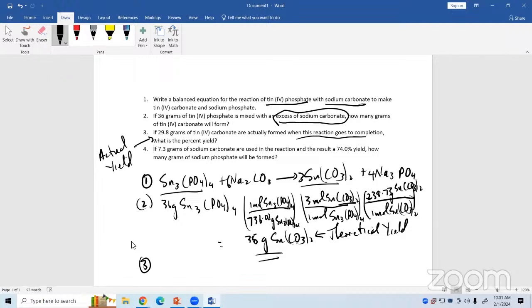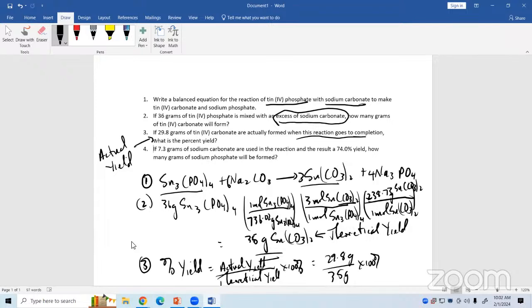So therefore, the percent yield can be easily calculated because the percent yield is the actual yield divided by the theoretical yield, multiplied by 100%. So the actual yield, as we said before, is 298 grams divided by the theoretical yield, which is 35 grams, times 100%.